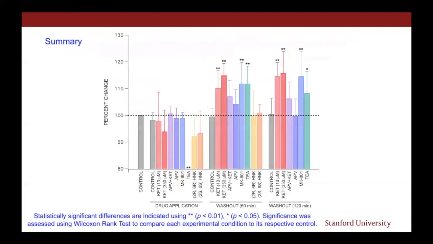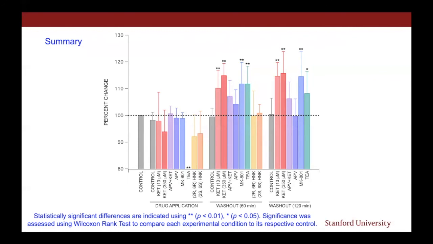Here is a summary graph of all the drugs that we tested and compared with ketamine's effects. As you can see from this graph, the only drug that was able to produce a statistically significant decrease in population spike amplitudes during drug application was TEA, the potassium channel blocker.